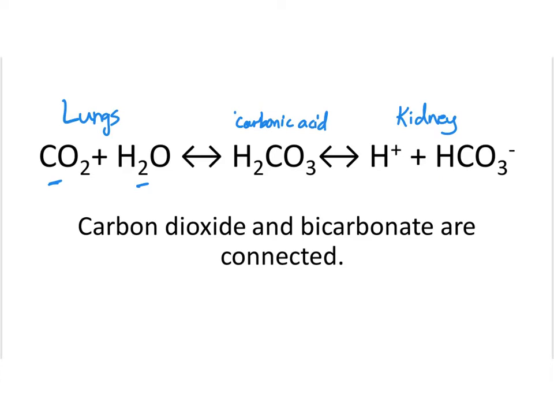Conversely, your kidneys, we just said, can filter this bicarbonate ion out of your blood and keep it in your body. It readily accepts hydrogen ions, and then together they can also form carbonic acid. So your body is constantly going back and forth between these two systems to maintain a normal acid-base balance in your body.